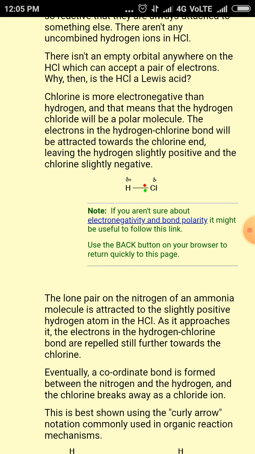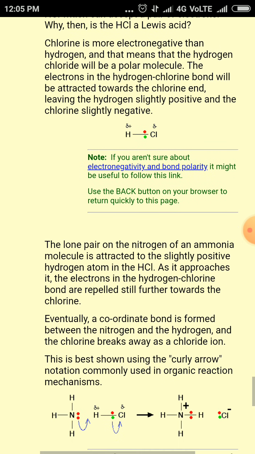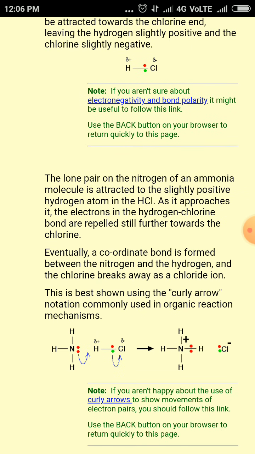The lone pair on the nitrogen of an ammonia molecule is attracted to the slightly positive hydrogen atom in the HCl. As it approaches, the electrons in the hydrogen-chlorine bond are repelled still further towards the chlorine. Eventually, a coordinate bond is formed between the nitrogen and the hydrogen, and the chlorine breaks away as a chloride ion.